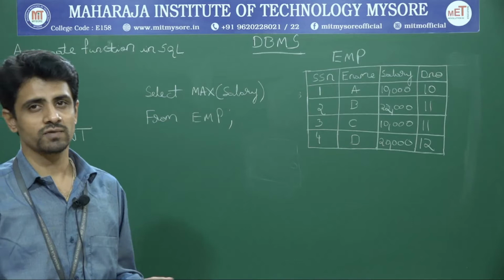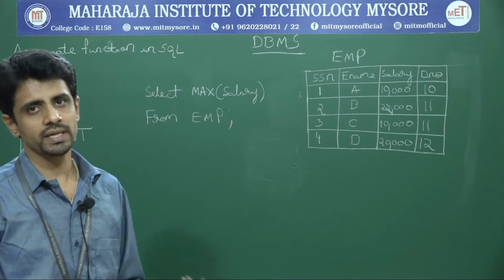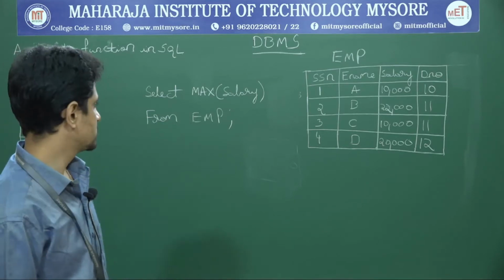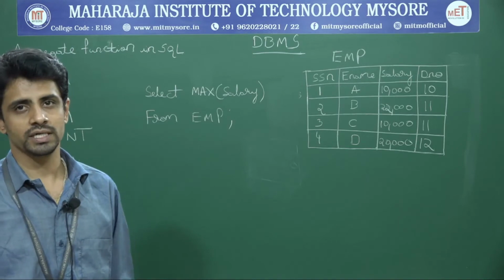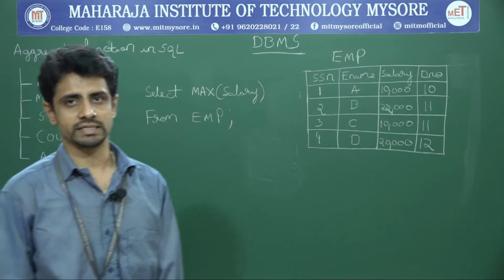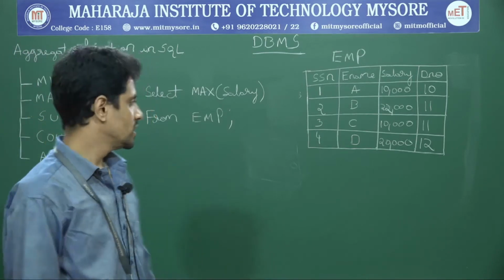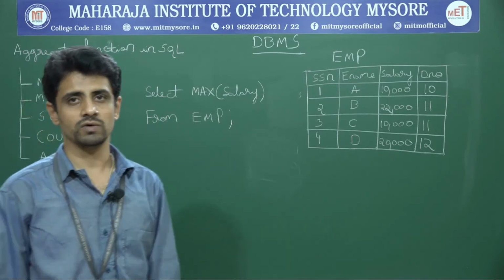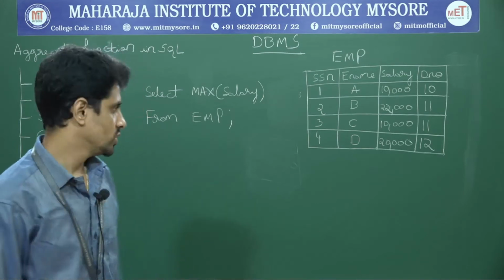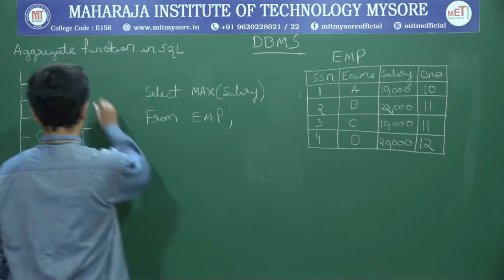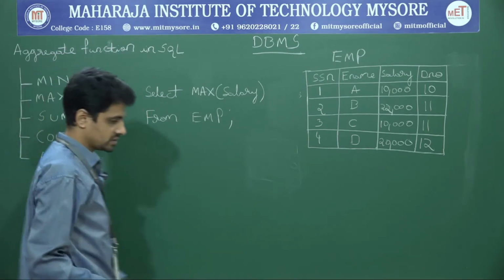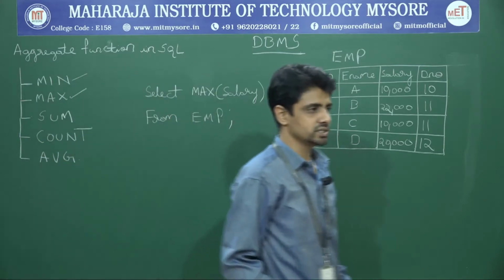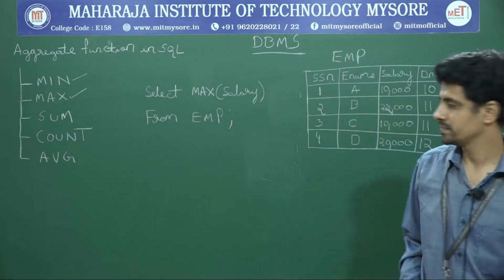According to the alphabetical order, the maximum and the minimum will be displayed. In this case min will be A and the max will be D, or the ASCII values will be taken into consideration. So min and max can be applied for characters as well as for integers.